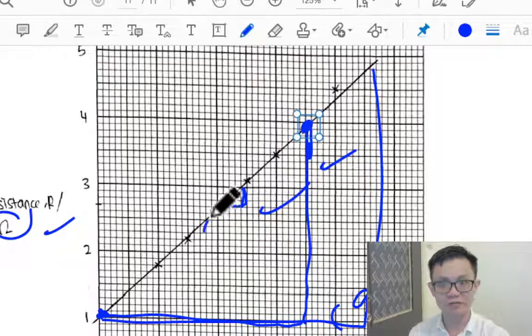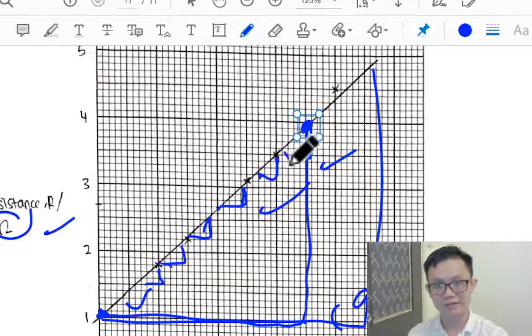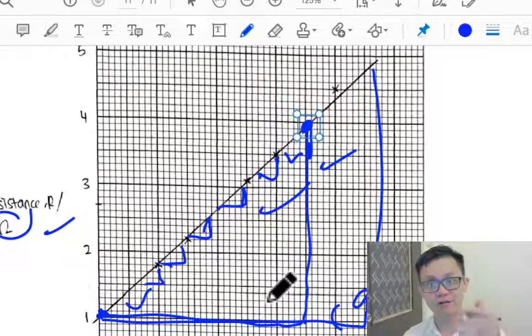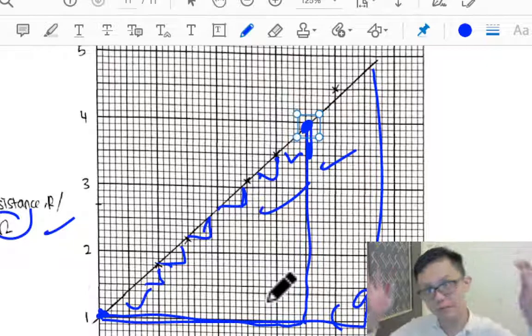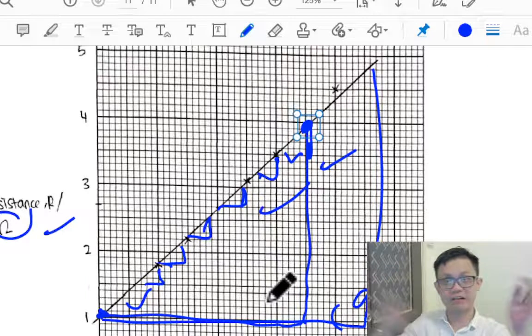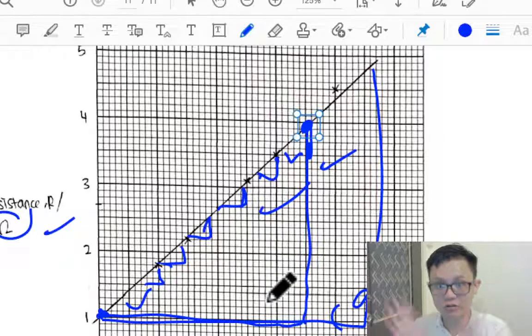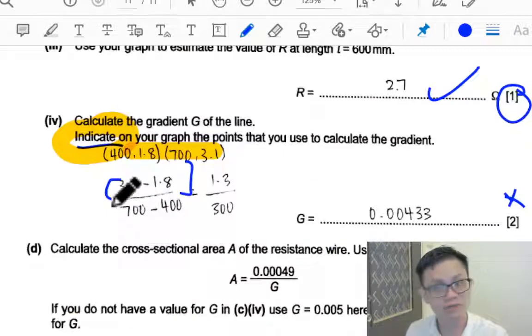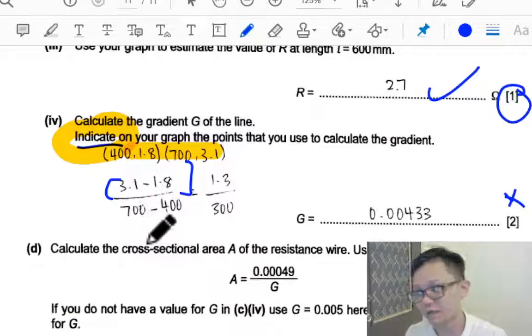You can do it a few times, then average it, and you get the whole triangle. The triangle is actually in the marking scheme. The triangle must be at least half of your graph. I like to draw big: 70%, 80%, 90%, 100% is also okay. But when you draw small, like the student who used 3.1 by 1.8, you will get it wrong actually.